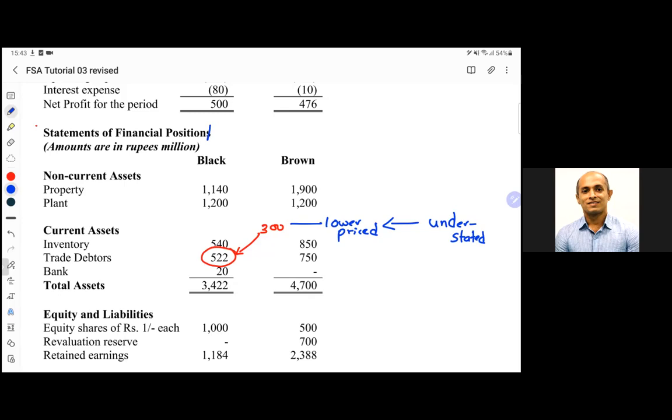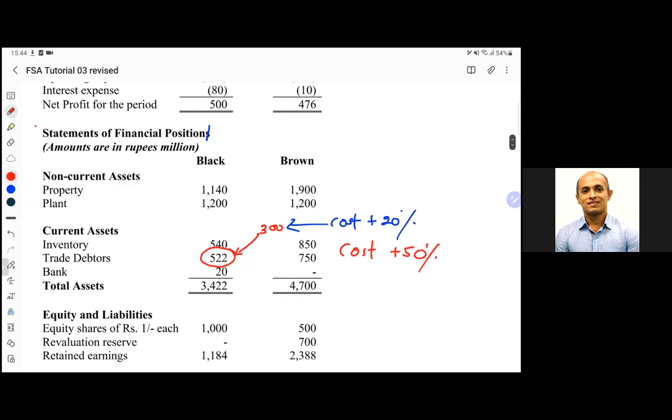Now, how much is that adjustment? You have to increase the debtor balance because this 300 is at a lower price. This 300 is at cost plus 20%, so you have to bring that to cost plus 50%.